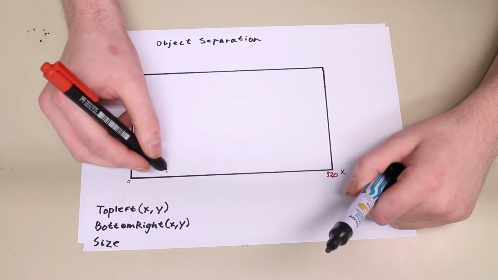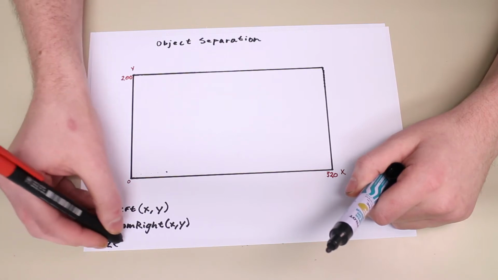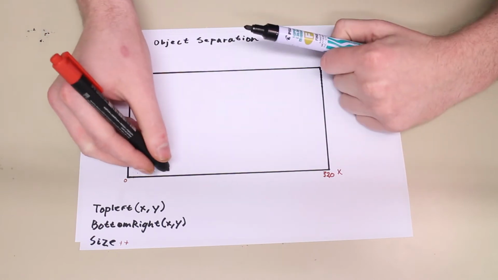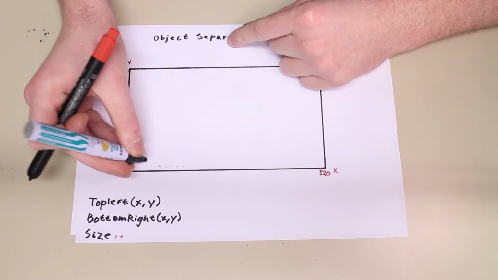We add this xy value into both of these at first, and then we increase the size by 1.